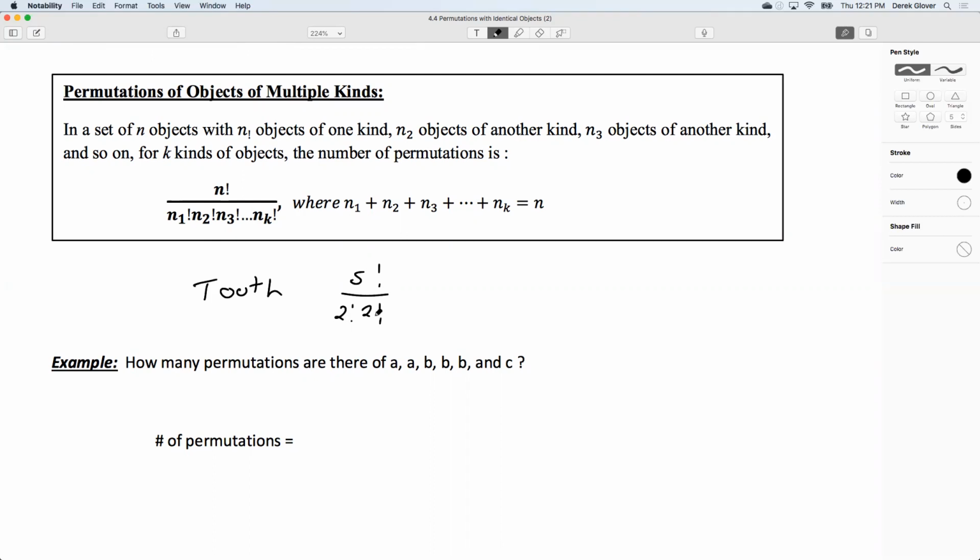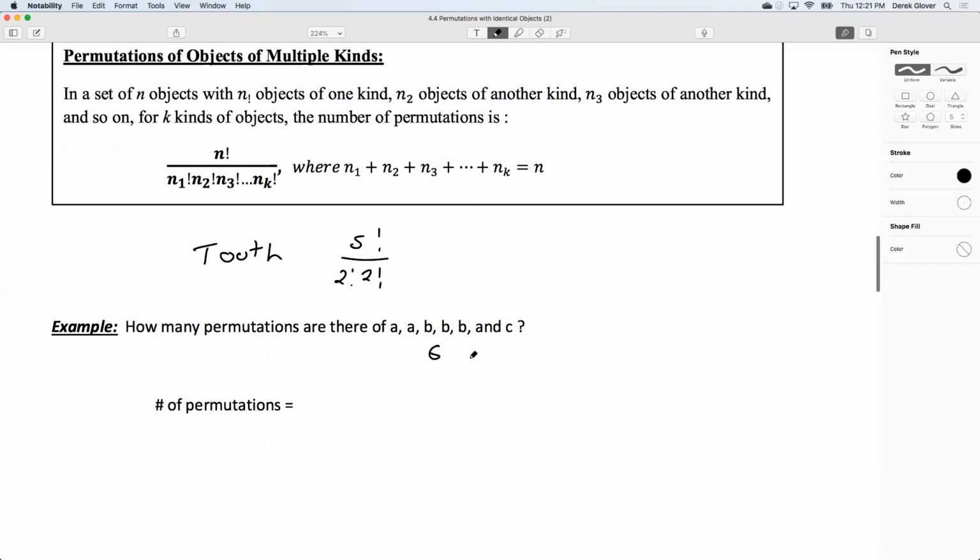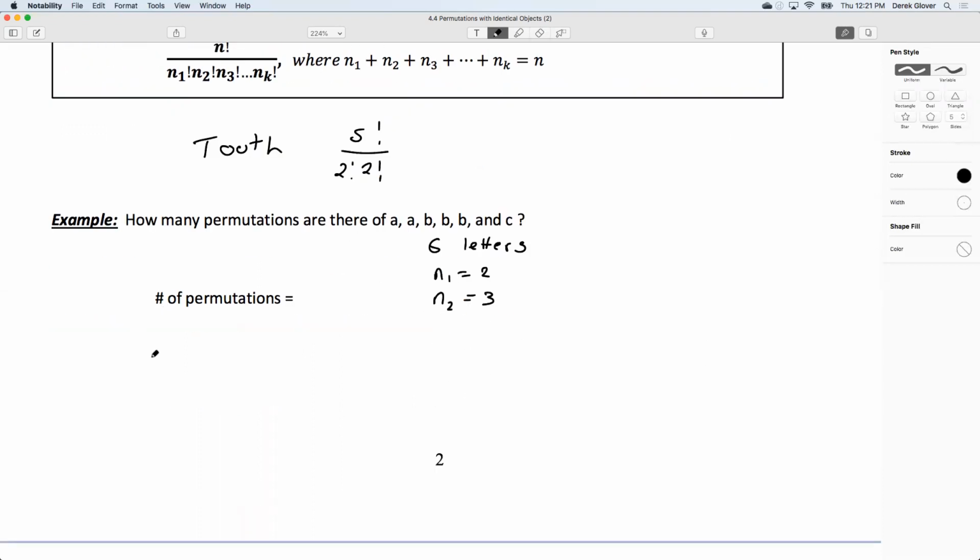So how many permutations are there of A, A, B, B, B, and C? Well, we've got 1, 2, 3, 4, 5, 6 letters. But we have 2 A's, so n1 equals 2, and we have 3 B's, so n2 equals 3. So we want the number of permutations.